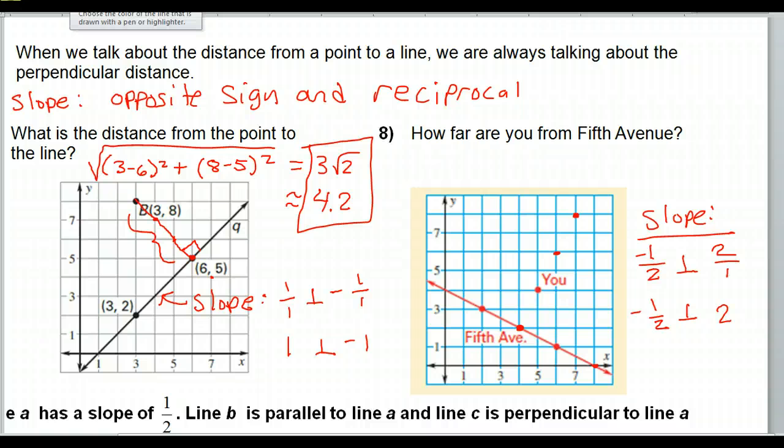So, as far as the distance that we're talking about, here's you, here's Fifth Avenue. This would be the perpendicular distance that we're talking about. Alright, that is the distance right there. So the question is, what is that distance? We could do the distance formula, or we could do a tiny little Pythagorean theorem. I'm just going to do the distance formula. The point where you are standing is the point (5, 4).